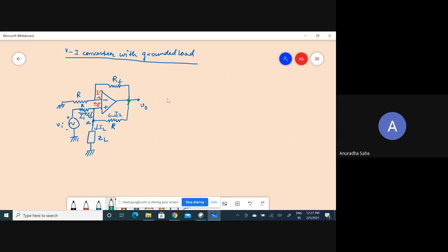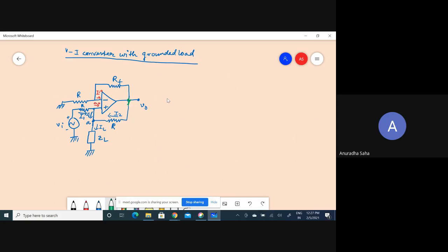That means this is not the same wire that is coming from RF. Because of the way I drew the figure, these two are overlapping. That is why I am mentioning that these are two connections, both connected to the output voltage terminal, right?